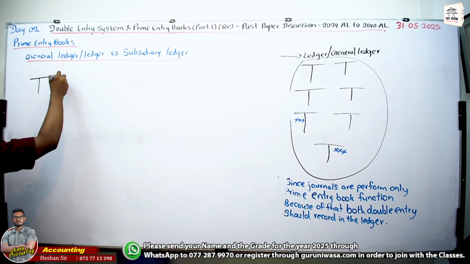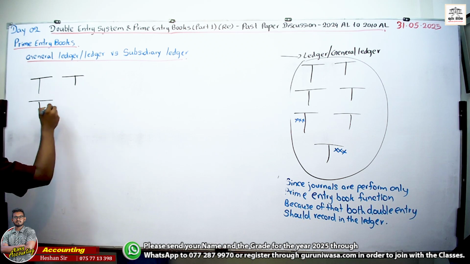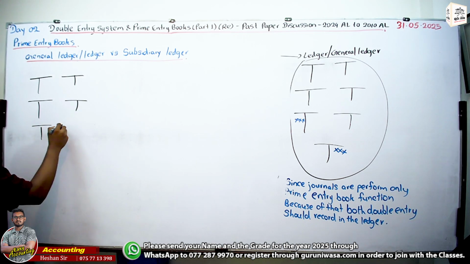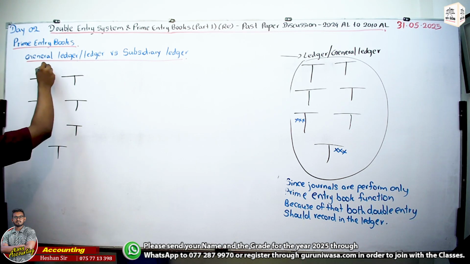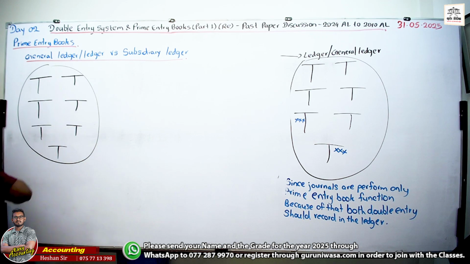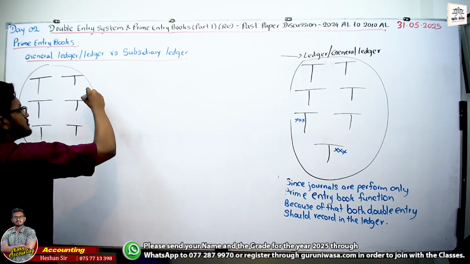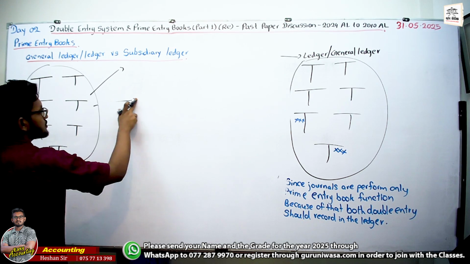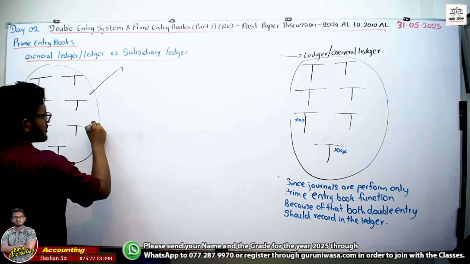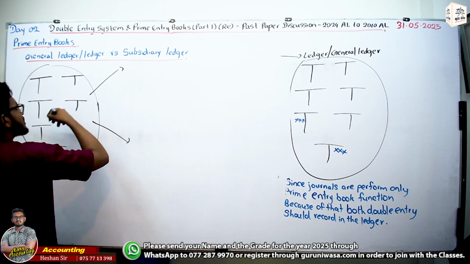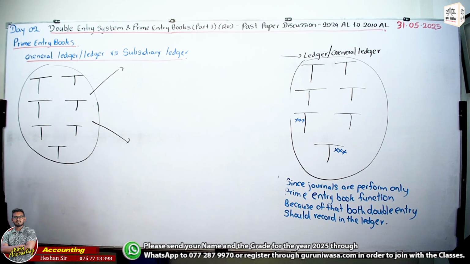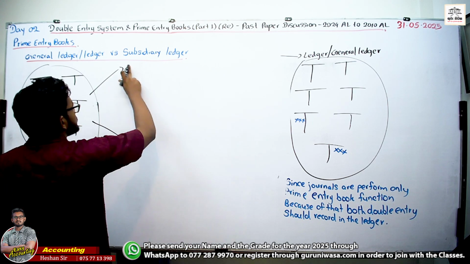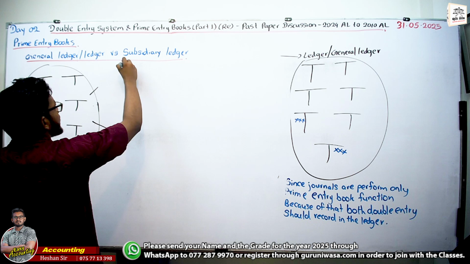Now you know in the ledger there are ledger accounts, right? I will give the definitions later, right? To minimize the number of accounts in the ledger or the general ledger, we prepare subsidiary ledgers.